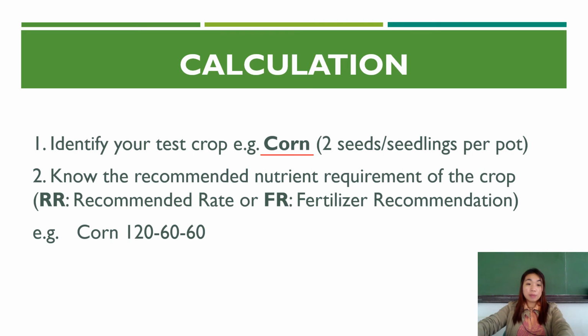Then, this means the corn requires 120 kg of nitrogen per hectare, 60 kg of phosphorus per hectare, and 60 kg of potassium per hectare. That is its recommended rate. And ito ang general recommended rate. So, kapag hindi mo alam yung soil status, you follow this one if you are going to plant corn. For you to know kung ilang amount ng fertilizer ang i-apply mo.